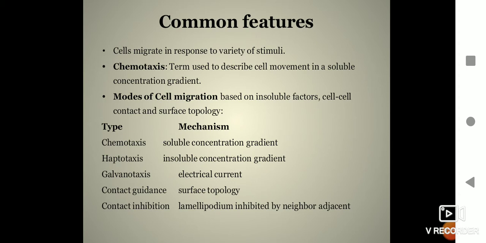And when the movement is inhibited because of a neighboring contact, that is, when the density of the cells is so high that whenever a cell tries to move, it hits the neighboring cell, that kind of hindrance in the movement is called contact inhibition.